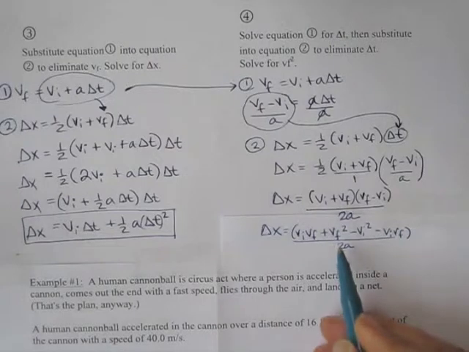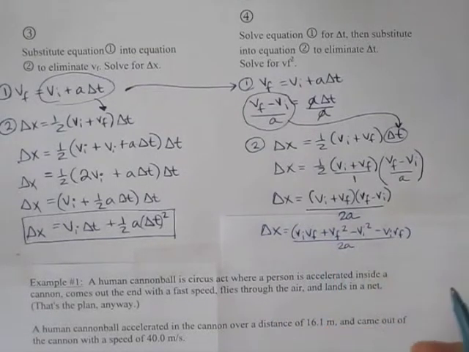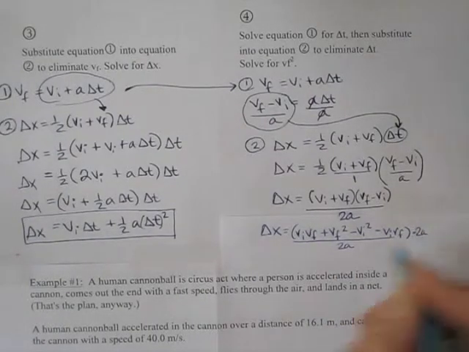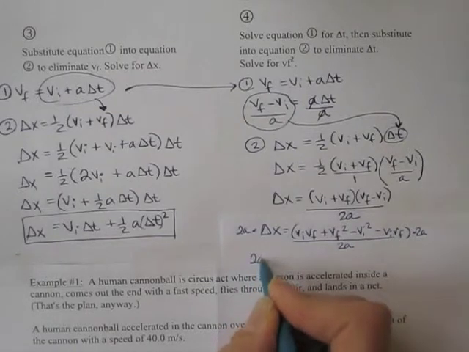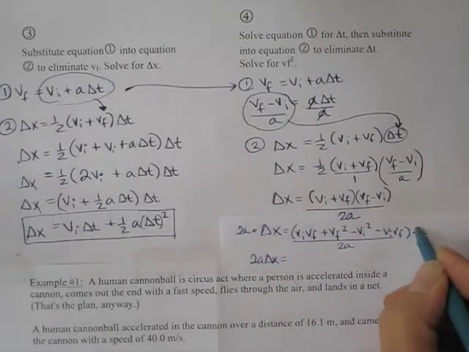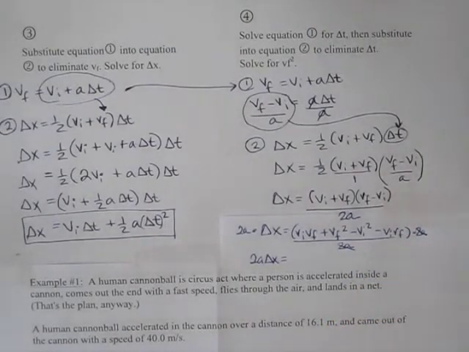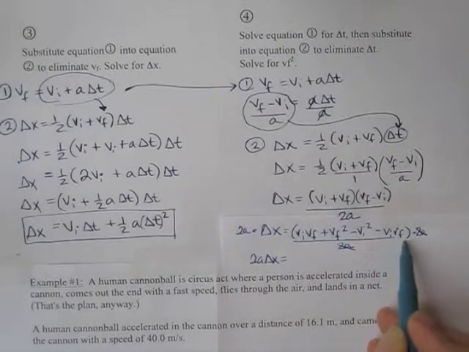And since I know I'm going to be solving for vf squared in the end, because that's how this equation is traditionally written, I'm going to multiply both sides by 2a so I can get rid of this fraction. So multiplying both sides by 2a gives me 2a delta x equals, these cancel out. Let's see what I have in here. This is a positive vi vf and this is a negative vi vf.